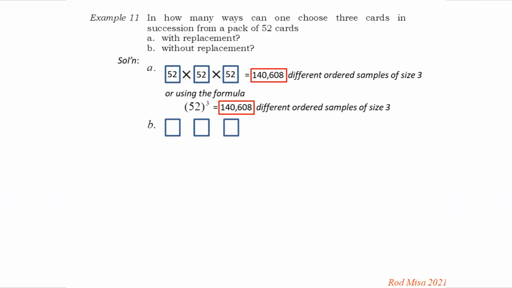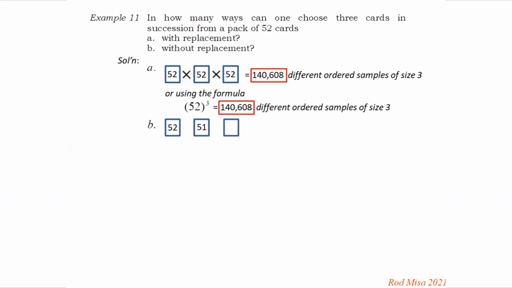And in the first draw, you can have 52 choices because there are 52 cards there. But in the second draw, you can have only 51 choices because you will not return the card to the standard deck of cards when that card was chosen during the first draw.